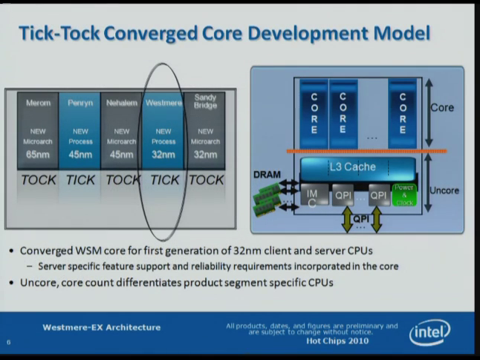Okay. So I'll start with a little background on Intel's CPU development methodology. For a few generations now, Intel has embarked on this Tick-Tock Converged core CPU development model. What we'll be focusing on today is the 32 nanometer Westmere Converged core.